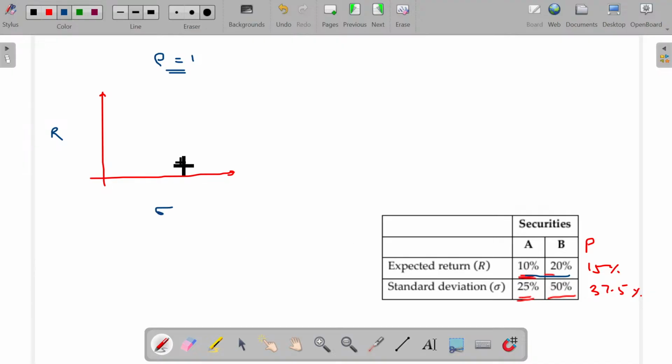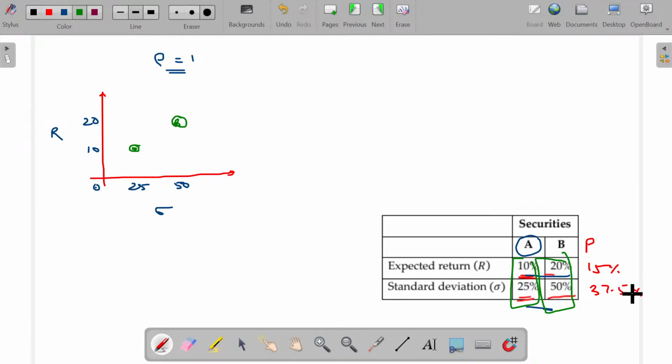Return is anywhere between 10 to 20, risk being 25, 50 and so on. I plot this for A. For A, return is 10 and risk is 25. This is A. In case of B, return is 20 and risk is also increasing. This is A and this is B.